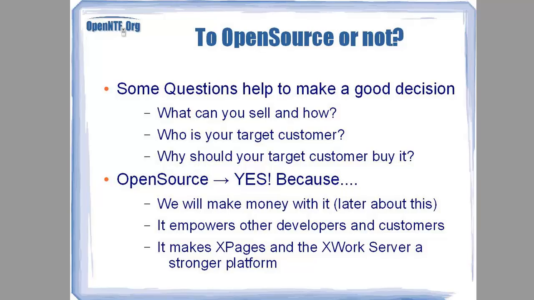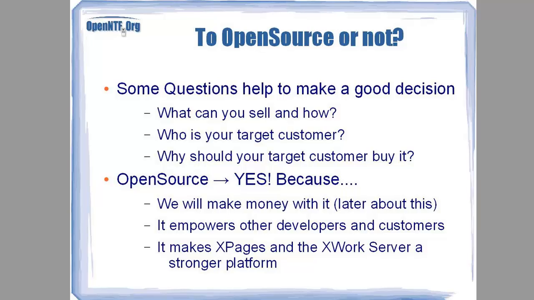So in this situation, I think it's a good practice to open source it, because you profit somehow indirectly of it, because you will make money not with the tool itself, but with what services you can do in a project using this tool. This is an indirect way to make money. We'll talk about that later on a bit.